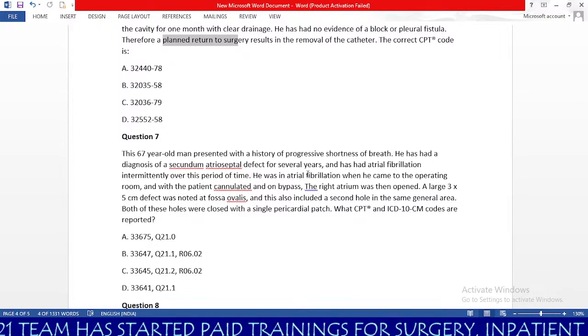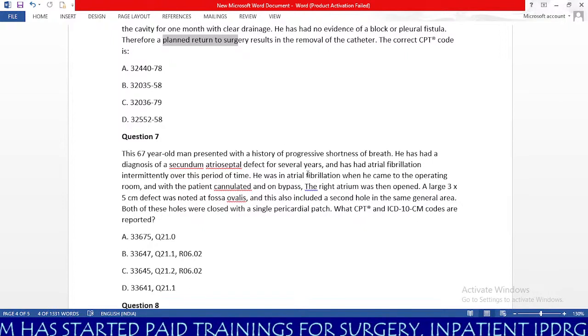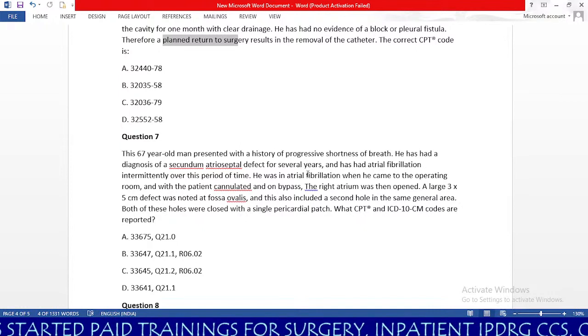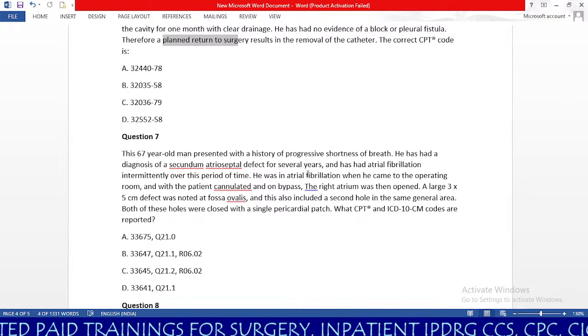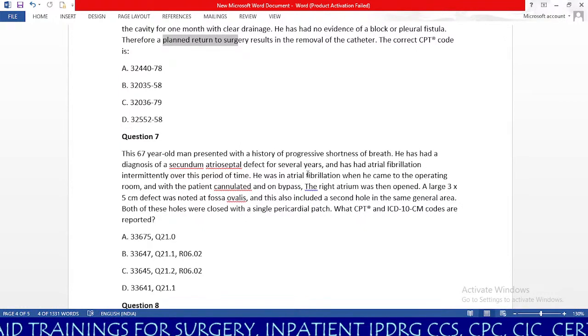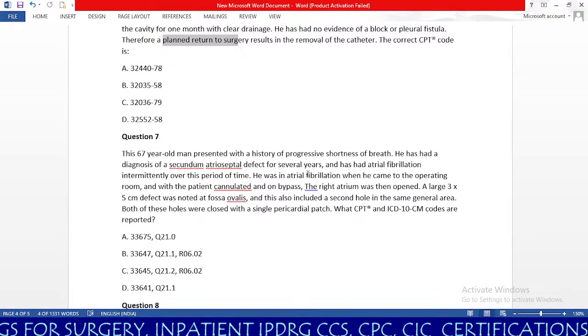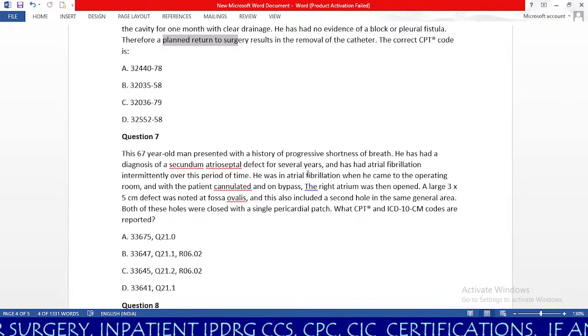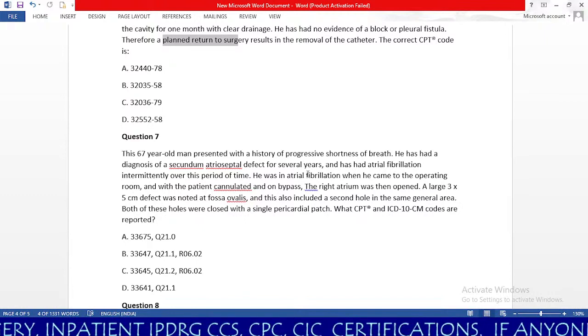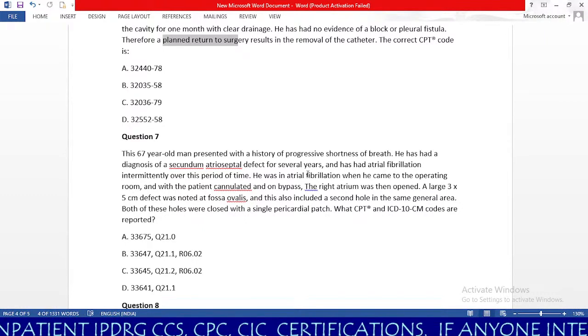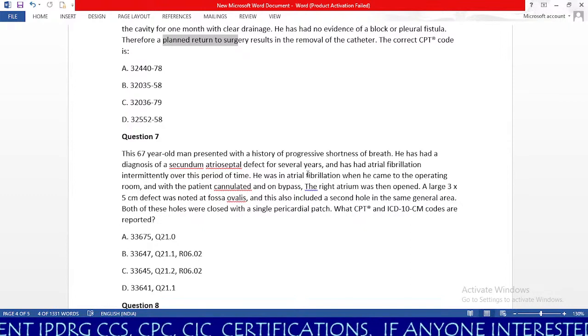So we will check 33641. What is 641? Repair atrial septal defect, secundum, with cardiopulmonary bypass, with or without patch.